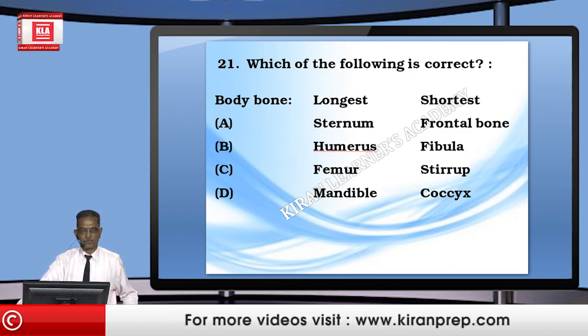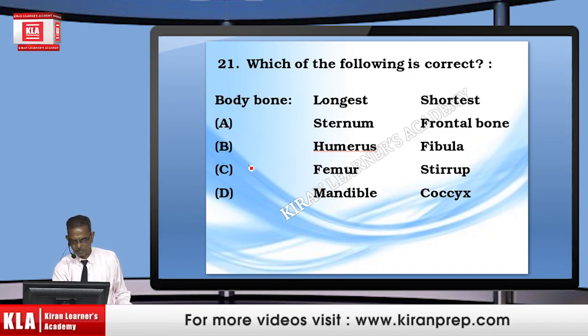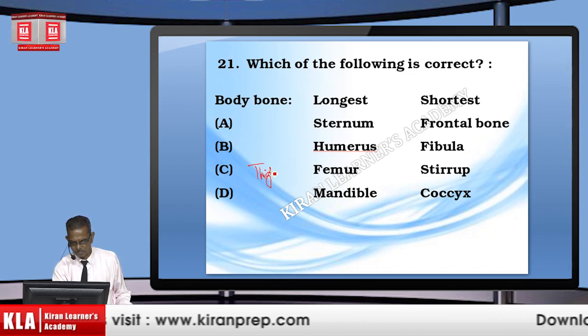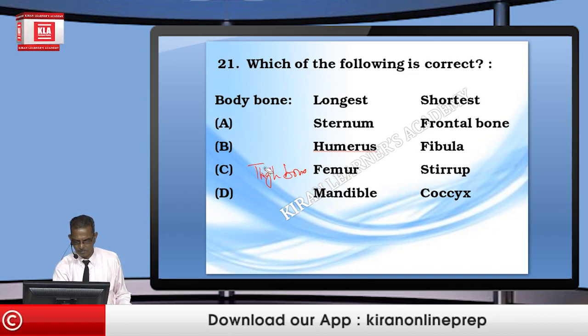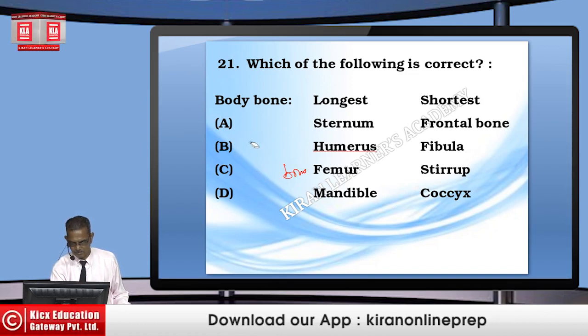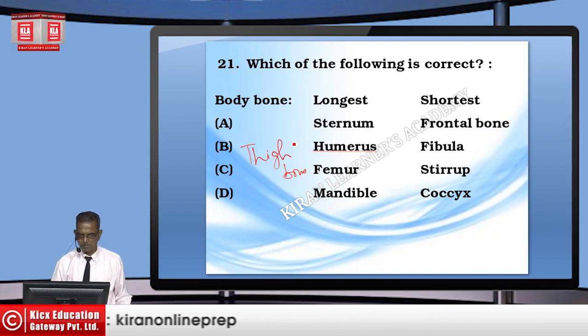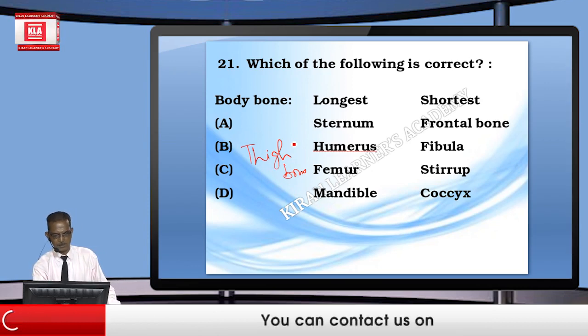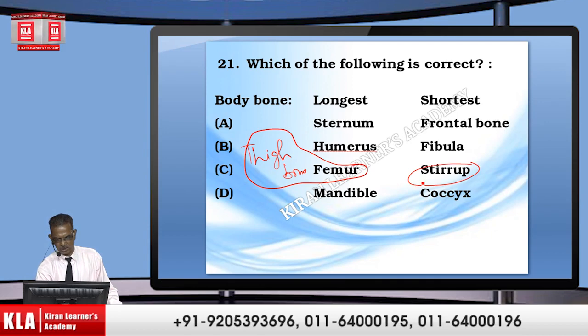Femur and stirrup. Femur is the thigh bone. We also call it the thigh bone. Stirrup is the ear ossicle.